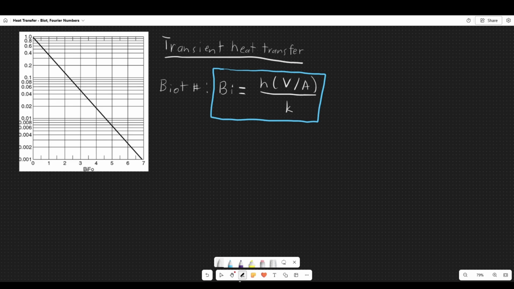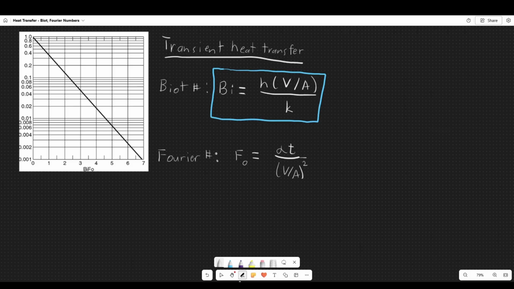The other number that we're worrying about is the Fourier number. So the Fourier number is called Fo, and that's equivalent to alpha times t divided by that volume over area term squared.